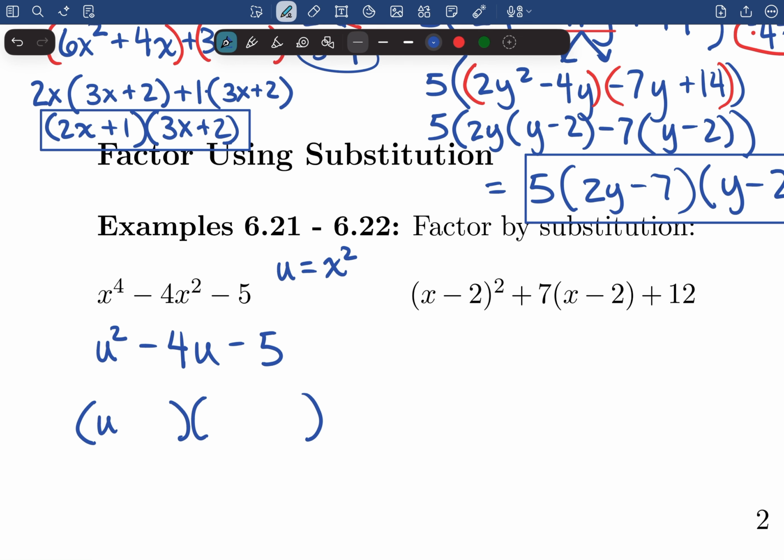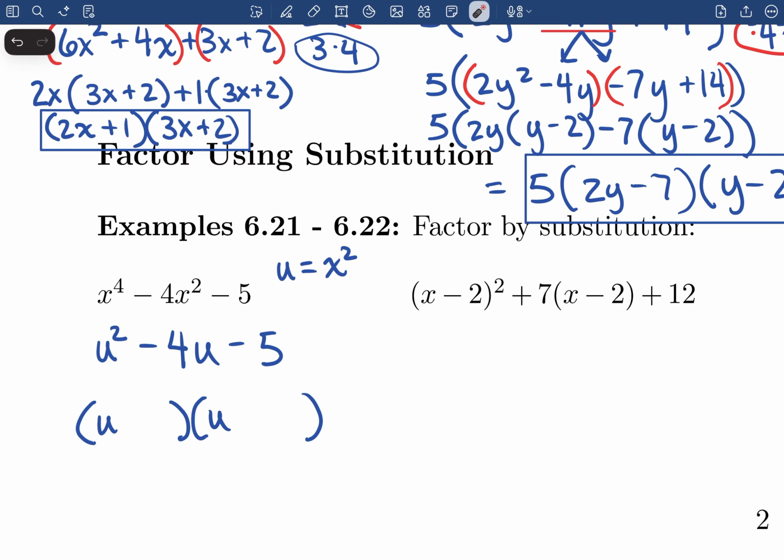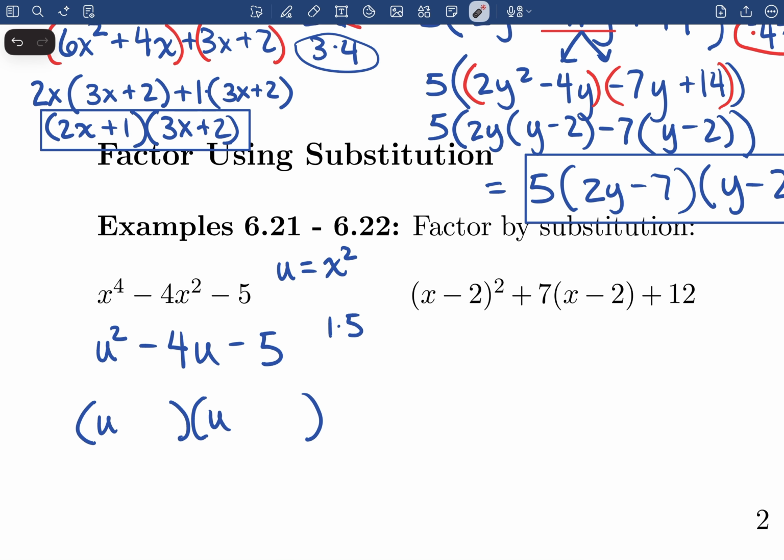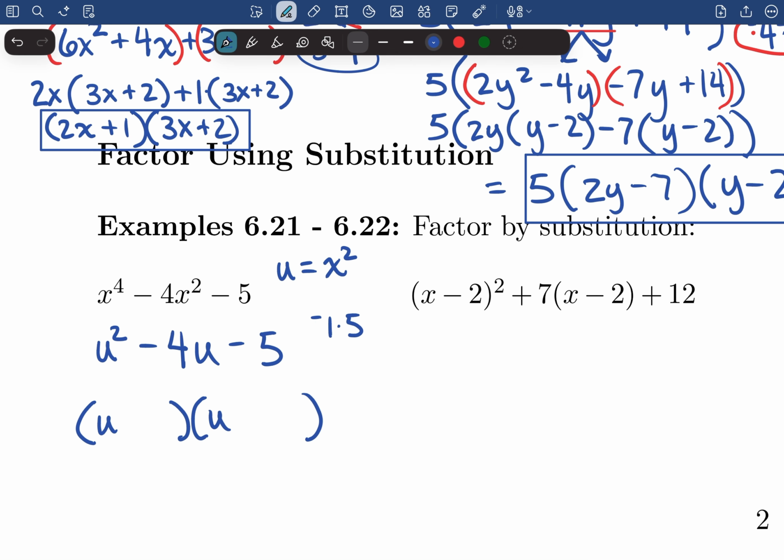So I write u and u in those first spots, and then I find the factors of 5, the constant, which is 1 times 5. But I also notice this is a minus minus situation, meaning I'm going to have a negative on only one of my factors.